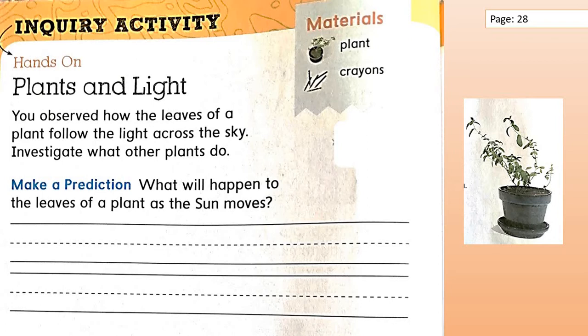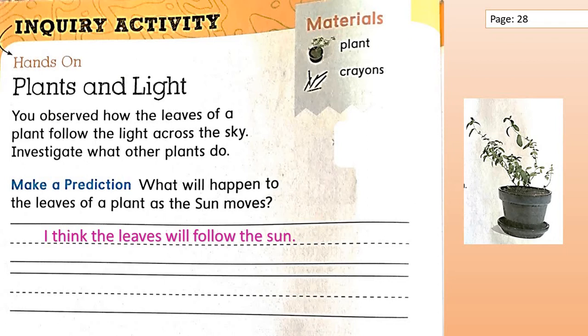And guess what? What will happen to the leaves of a plant as the sun moves? What do you think, grade 1? Like this plant, it moves to the left. Why do you think that? The leaves will follow the sun, as we saw before, right? Because it needs sunlight to live and grow.